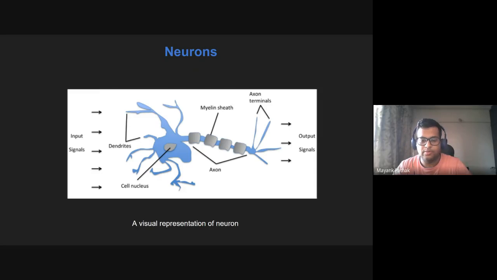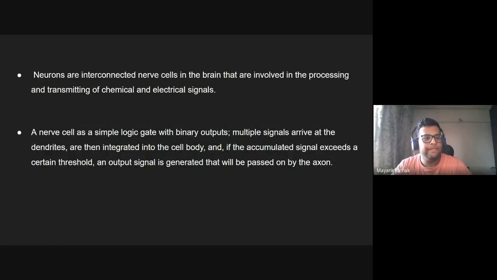Input signals, electrical signals, are given to dendrites and computations are done, and then later the cell nucleus and the axons compute these functions and fire whether the action needs to be taken or not. So that is how our brain functions, and this is just a brief representation.